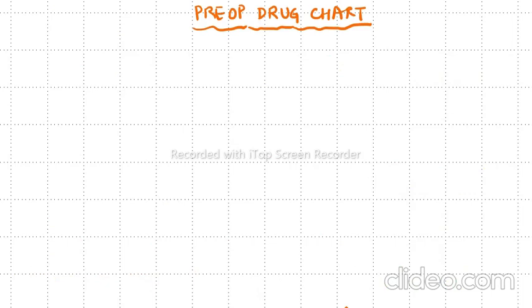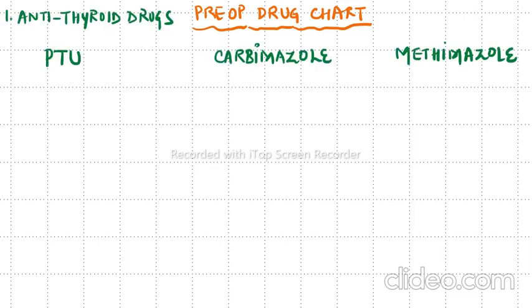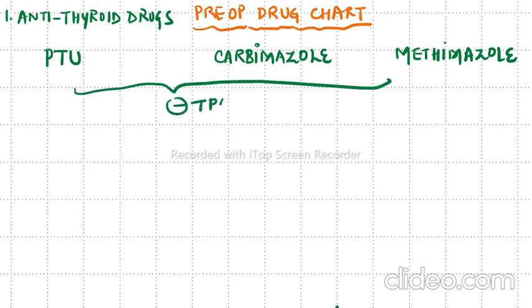We know that before taking the patient into the OT, we have to optimize the patient. We have to make the patient euthyroid first. And for that, what all drugs can we use? There are three main antithyroid drugs: propylthiouracil, carbimazole, and methimazole. All three inhibit the enzyme thyroperoxidase.